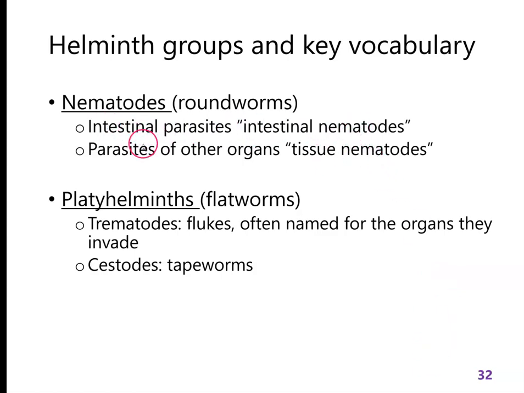Do they live in the intestines, or do they migrate to other organs? So they can be called intestinal or tissue nematodes. And then the flatworms are split into the flukes, which invade certain organs and are named after those, and then the tapeworms. So nematodes and platyhelminths are what you should remember. And then trematodes and cestodes are the names for flukes and tapeworms.